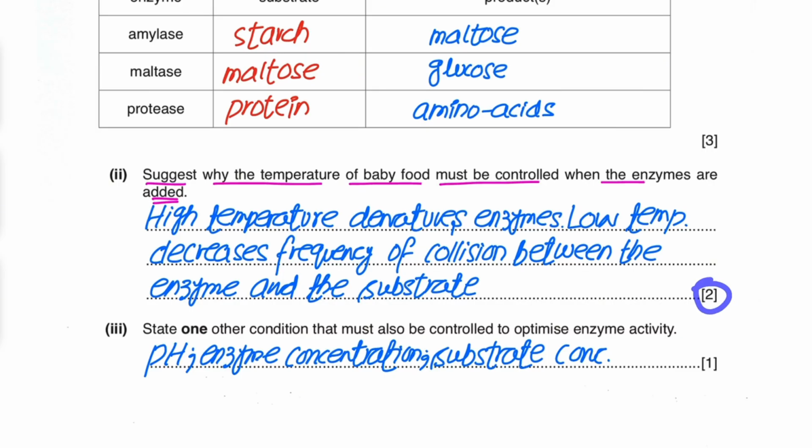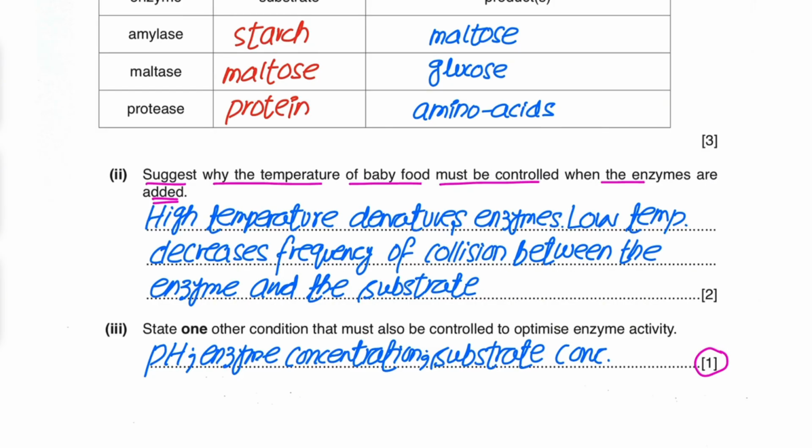For 2 marks, they did not say high temperature or low temperature; they have given a general elaboration of why the temperature needs to be controlled. So we have to write in both ways. I have written it in the context of both high and low temperature: high temperature would denature the enzymes, and low temperature would decrease the frequency of collision between the enzyme and the substrate.